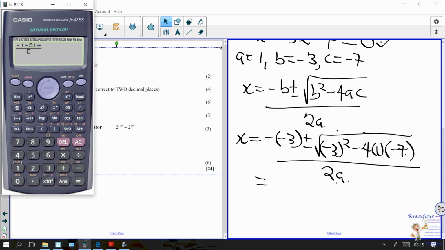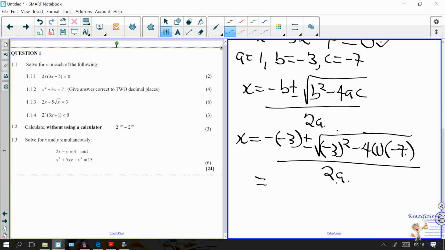We open a bracket, -3 squared minus 4, and then 1, and -7, over 2. By the way, my a is also 1, so over 2. What's my answer there? 4,54. Remember, 2 decimal places.